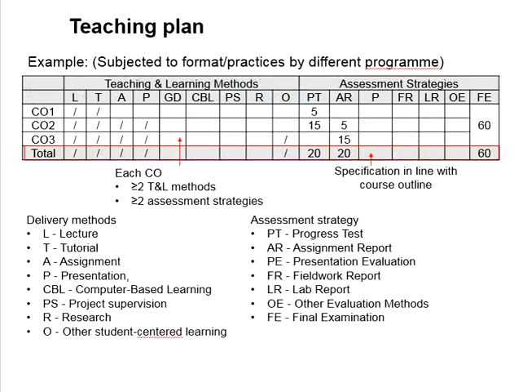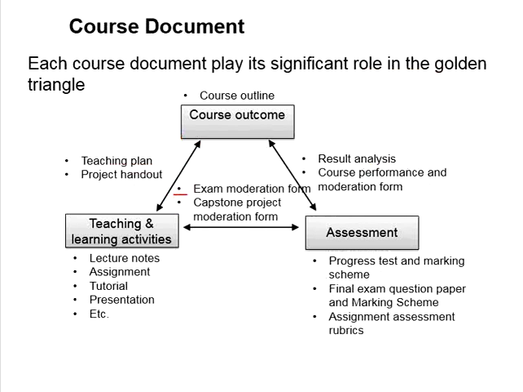What makes the capstone project different from the assignment is the rigorousness in terms of quality assurance. Normally, a capstone project will have its own moderation form, with somebody to cross-check the assessment in terms of the depth, quality, components, complexity, justifiability, student learning time, and so on.